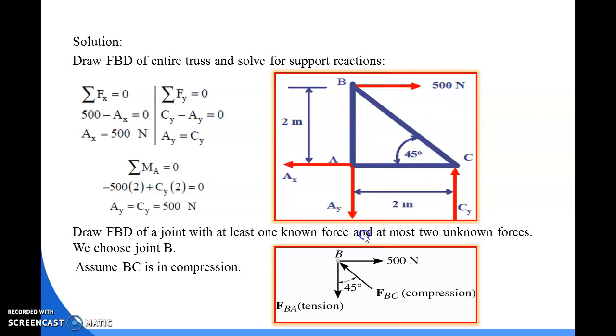So here we will draw the free body diagram of joint B. It should look like this.